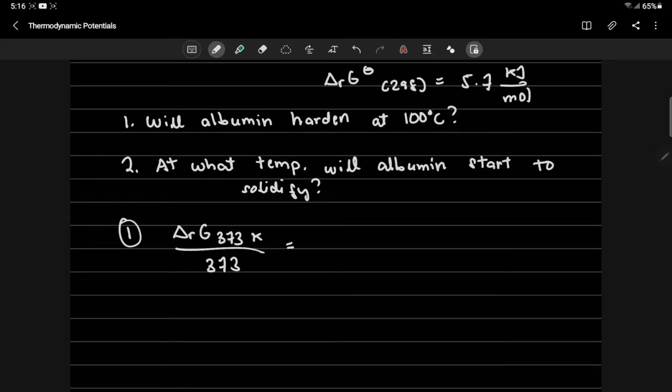Equal siya sa Gibbs free energy at 298 Kelvin plus whatever the reaction enthalpy of that process at 298 times 1 over T, which is now your 373, minus 1 over 298.